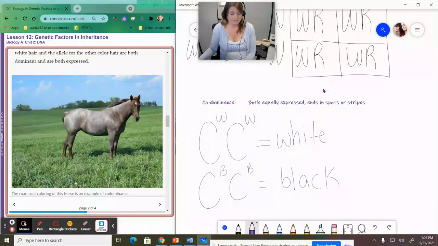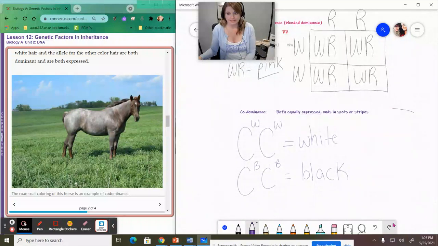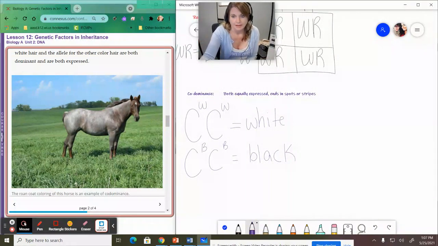We could do another Punnett Square, which we don't really need to do. But if you were to mate these together and have a combination, CWCB, you would end up with a horse with black and white spots.